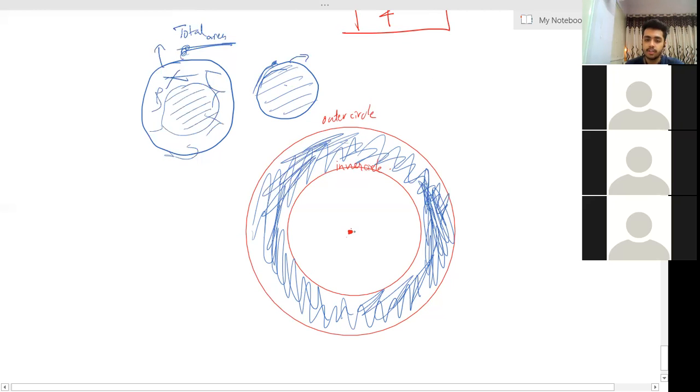So let's say the outer circle has a radius of r1, and the inner circle has a radius of r2. Let's call this circle number 1, circle number 2.